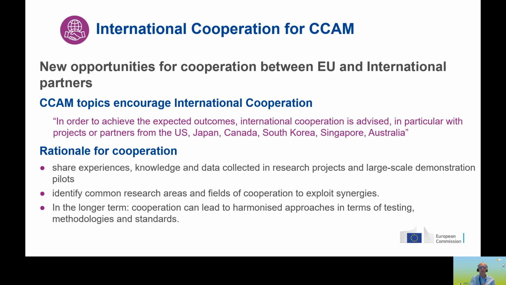So for that reason, we strongly encourage all proposals under these calls to look out for possibilities to cooperate with projects or partners from countries like Japan, in particular, also the United States, Korea, Singapore, Canada, or Australia.